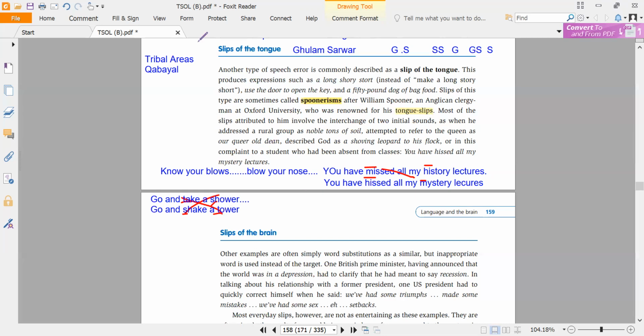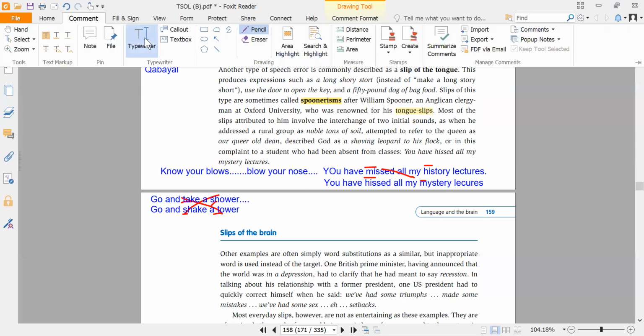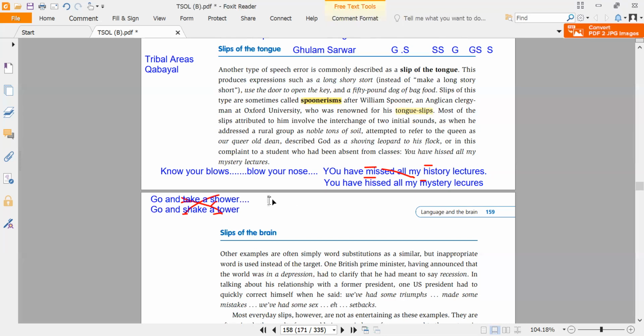One more example. I wish you feel better. Instead, once a person said, "I wish you beel fetter." You see, instead of "feel," the person said "beel," because the b sound was brought here, right?